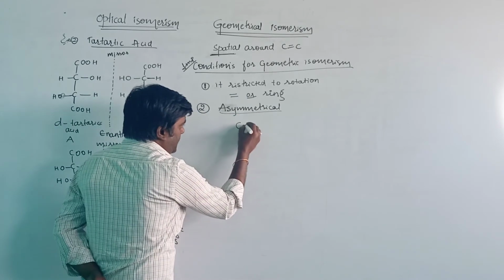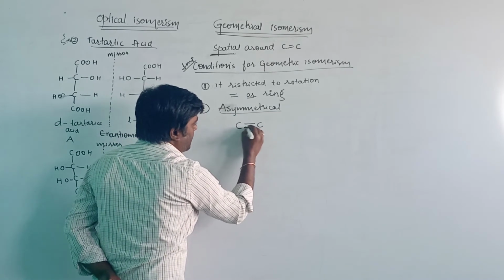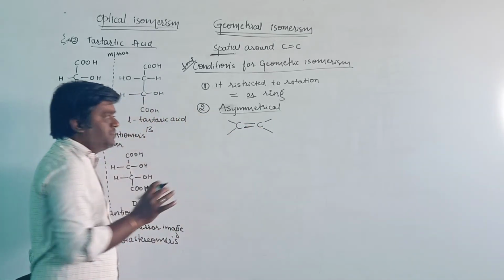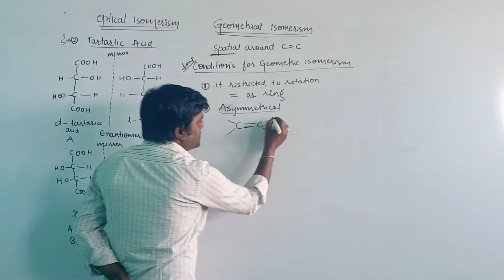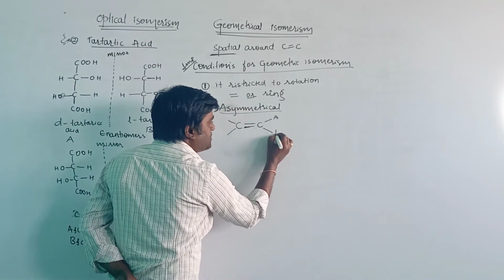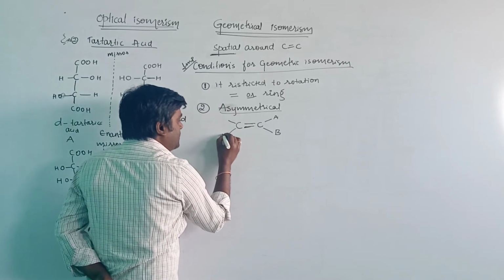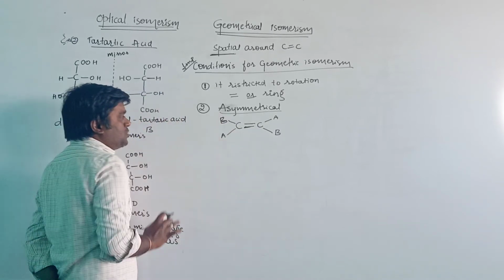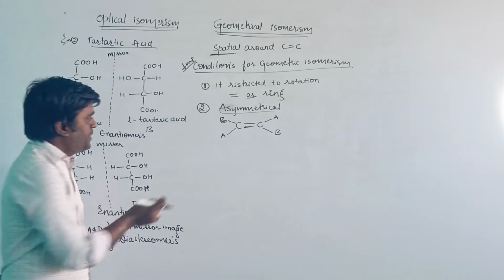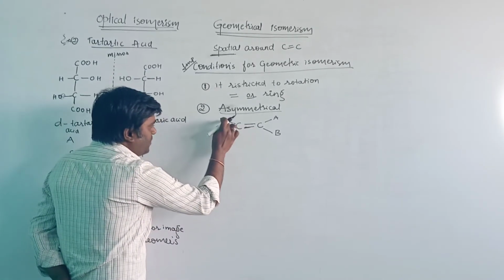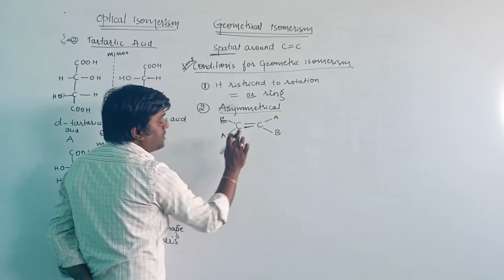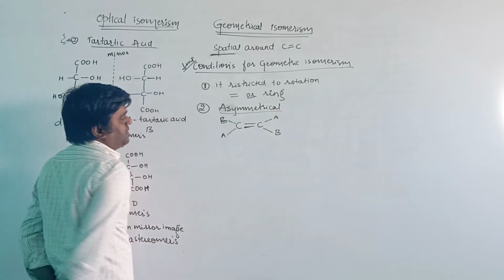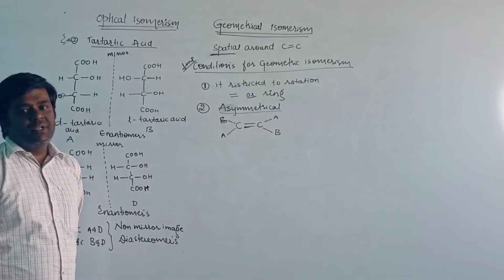Consider the carbon-carbon double bond here, and the atoms or groups of atoms attached to the carbons must be different on each carbon atom. Consider A and it must be B, and here A and it must be C, it must be D. Then only will it show geometrical isomers. The carbon must contain different atoms, which makes it asymmetric in nature.